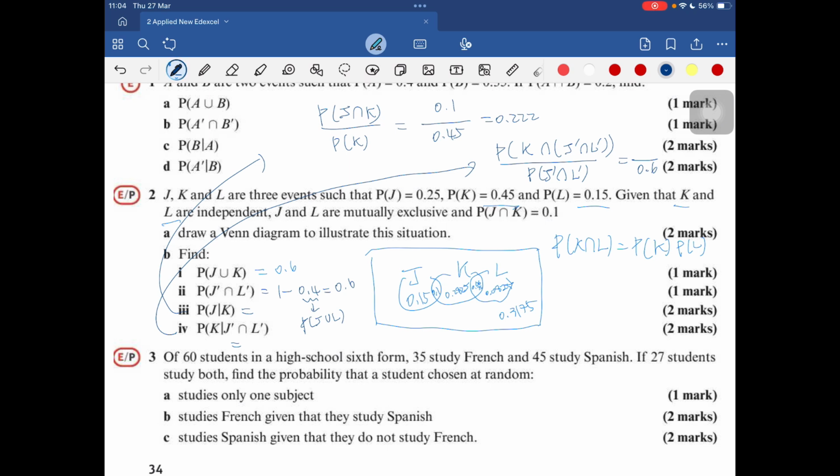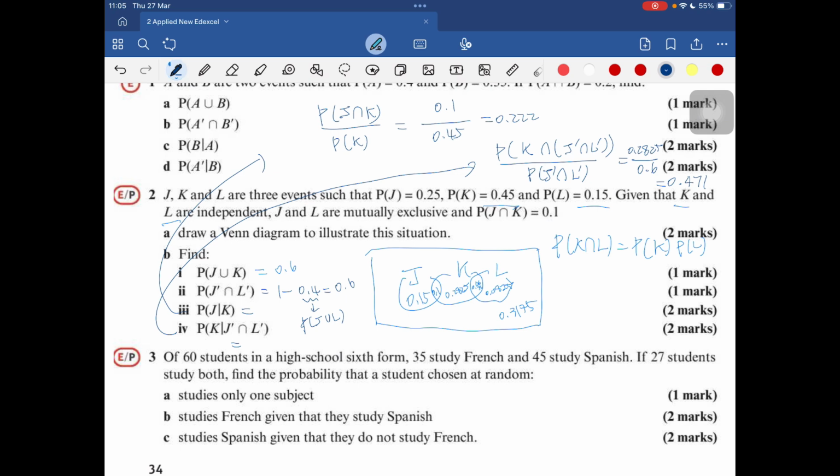So out of J and L complement, the intersection with K is 0.2825. So 0.2825 divided by 0.6 is 0.471, to 3 significant figures.